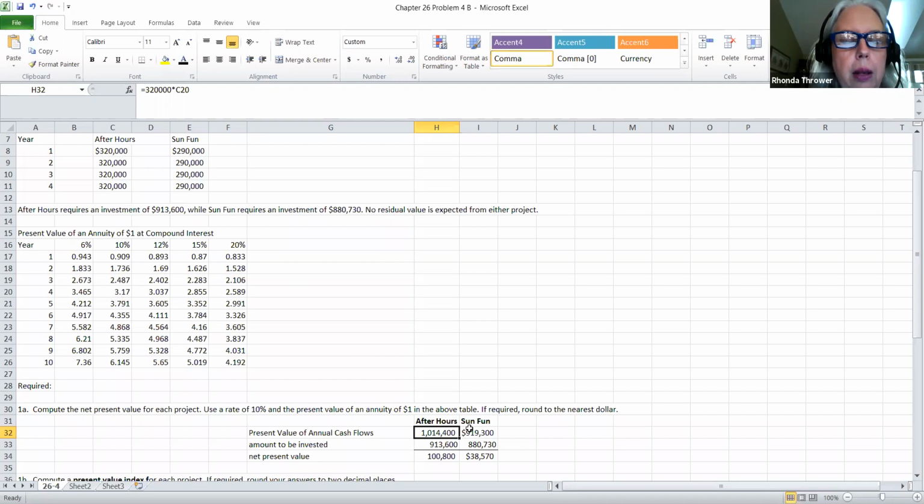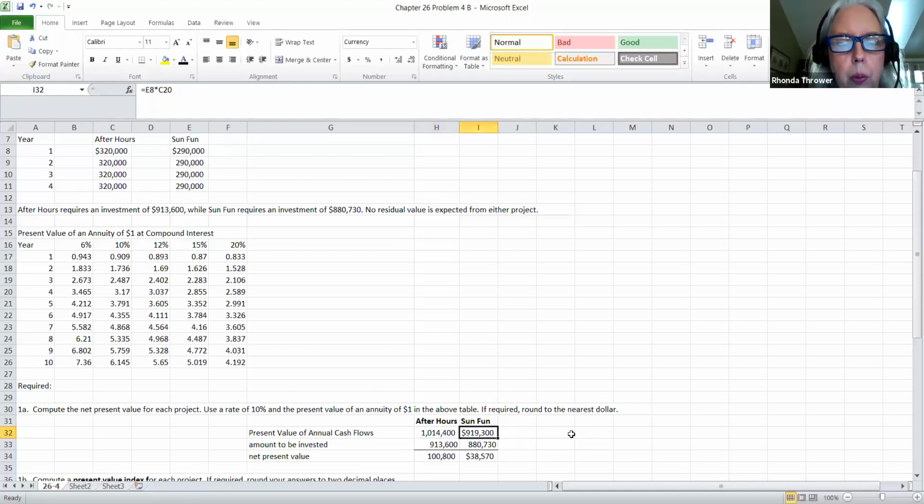We're going to do the same thing for Sun Fun, except Sun Fun's net annual cash flow amount is 290,000. So we're going to take 290,000 this time and multiply it by 3.17, because there are 4 years as a useful life in both of these investments. And that will give us a total present value for Sun Fun of 919,300.